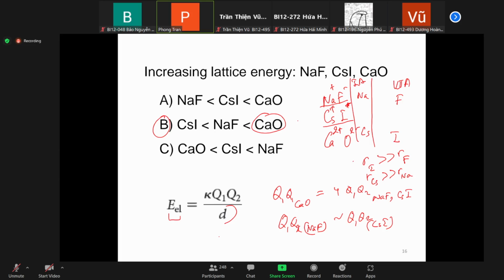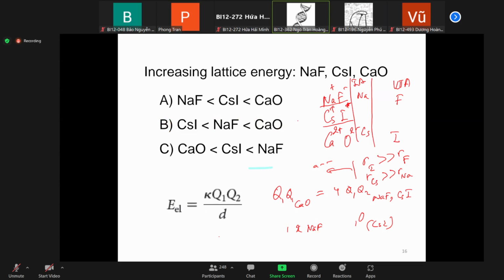So the distance D of cesium iodide will be larger than the distance of sodium fluoride. So that means sodium fluoride will have higher lattice energy because the distance is shorter. Okay?